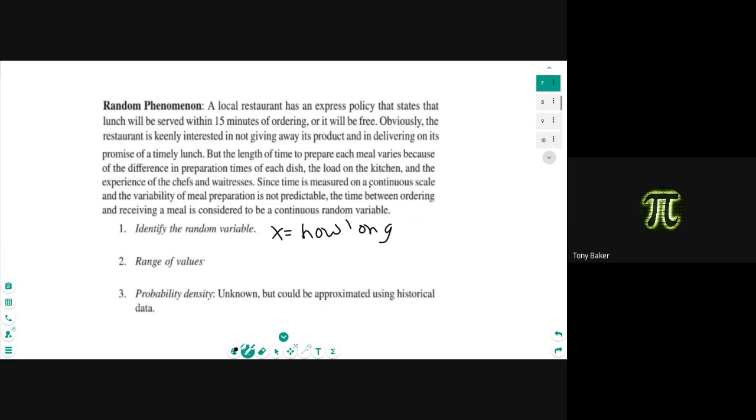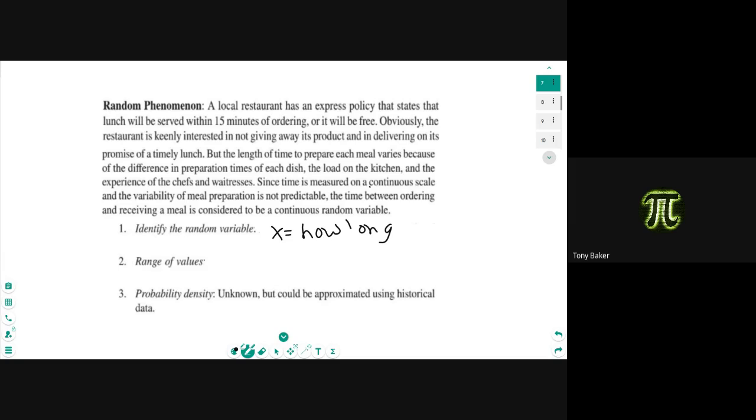Right. But could it take longer than that and they would just have to give it away for free? Yeah. So 15 minutes isn't the end. That's just where it starts being free. And in essence, they're looking at the probability that that's going to happen. So we do want to go higher than 15 minutes.